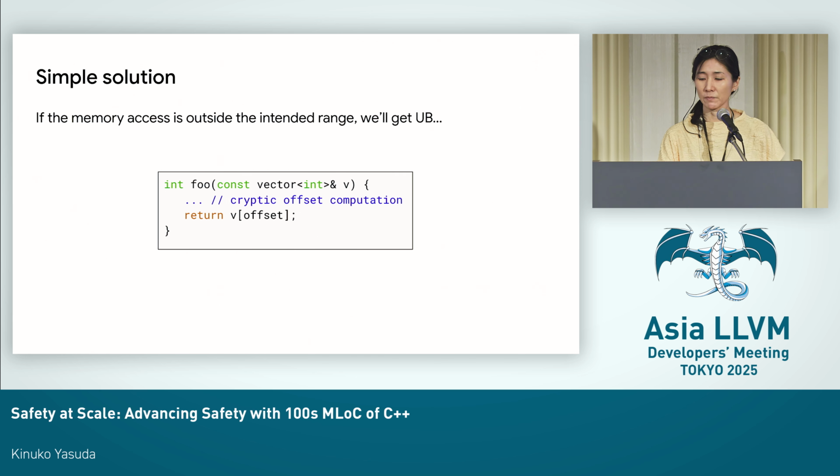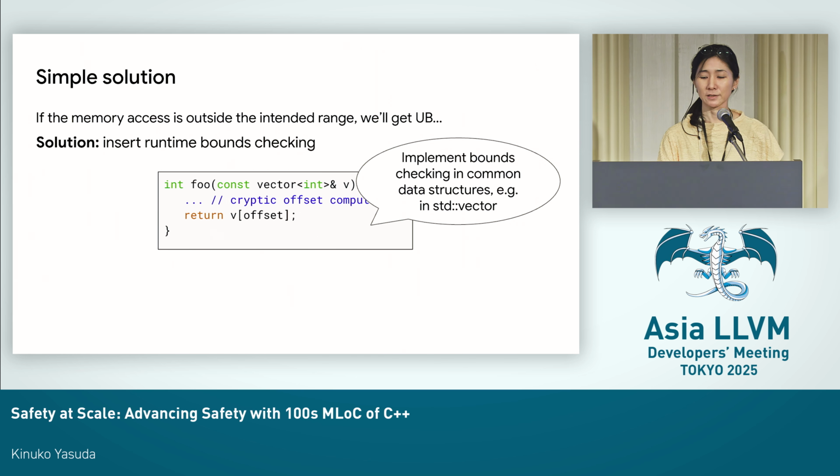Luckily, there exists a very simple but really effective solution. That is, bounds checking. If we know the size of the buffer, which is relatively common in C++, if the code uses typical C++ container types, like std::vector or std::array, then we can simply insert bounds checking in the code where its elements are accessed.